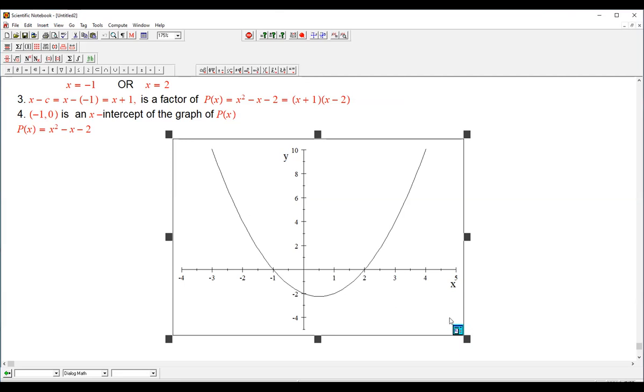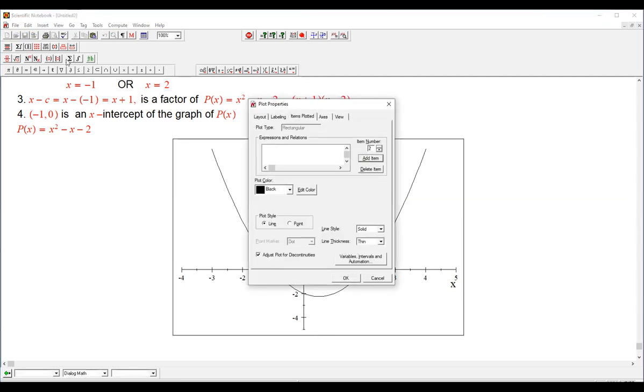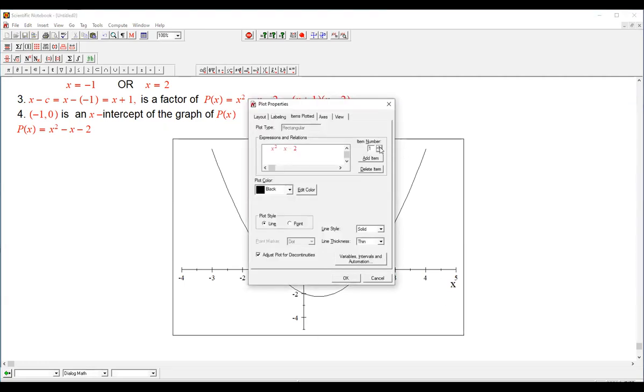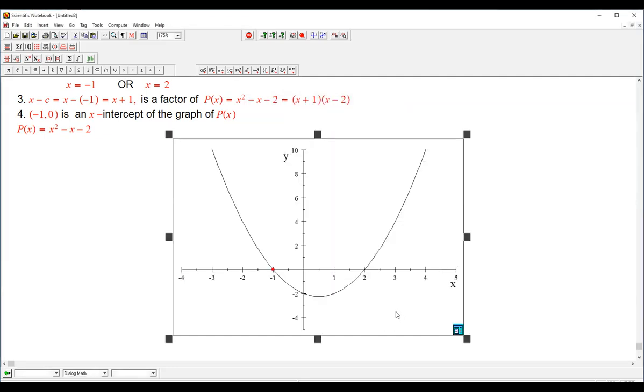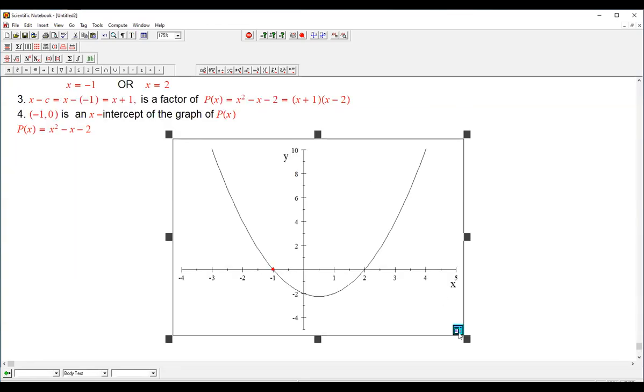You can see that's one of the x-intercepts. I'm going to point it out to you: -1, 0. I will make it a red dot. Oops, how come it doesn't turn red? Okay, that's one of the zeros. So that's number 1, 2, 3, 4. Okay, confirmed. That's an example.